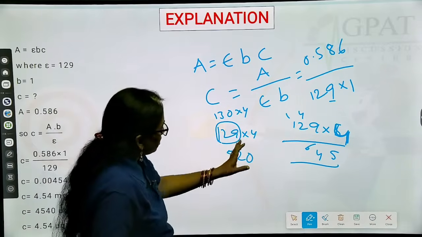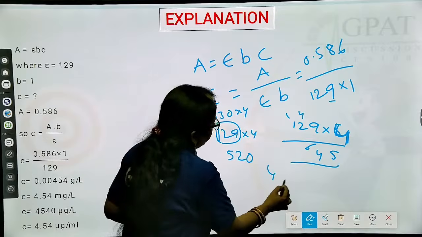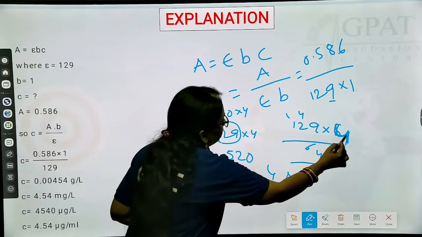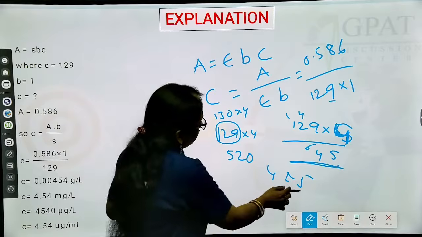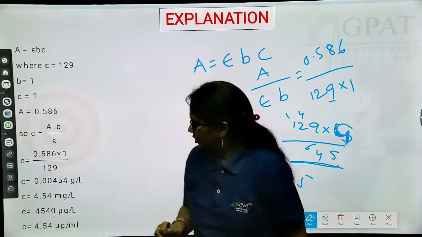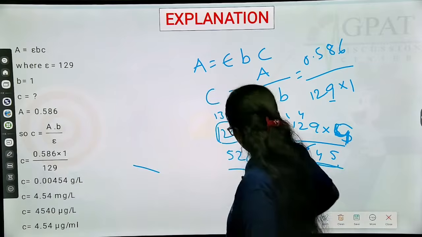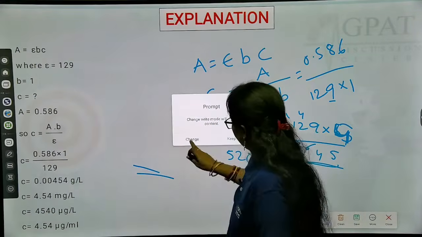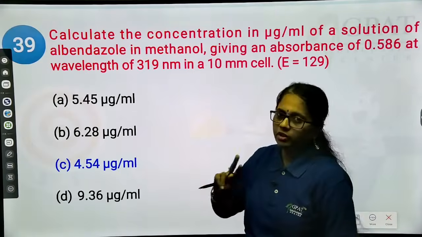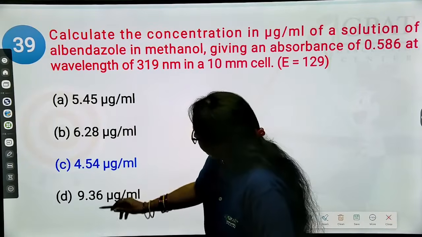That means the answer lies between 4 and 5. With multiplication by 5 you are getting 645, and with multiplication by 4 you are getting 520. So let us see the options here, then you can easily understand. The answer lies between 4 and 5. So where are the 4 and 5?